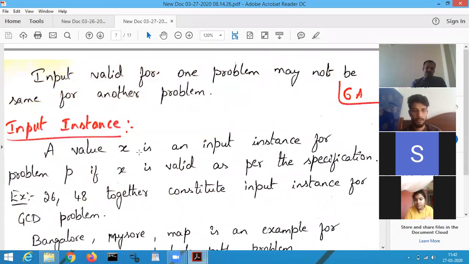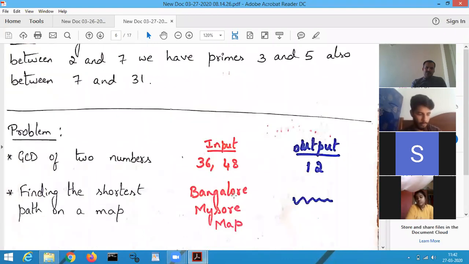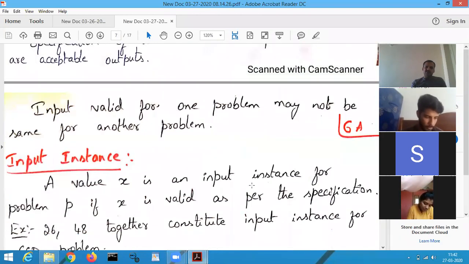A value x is an input instance for the problem P if x is valid as per the specification. If I take the GCD of two numbers, as per the specification of the GCD, the valid input is two positive integers. 36 and 48 together constitute the valid input instance for the GCD problem.